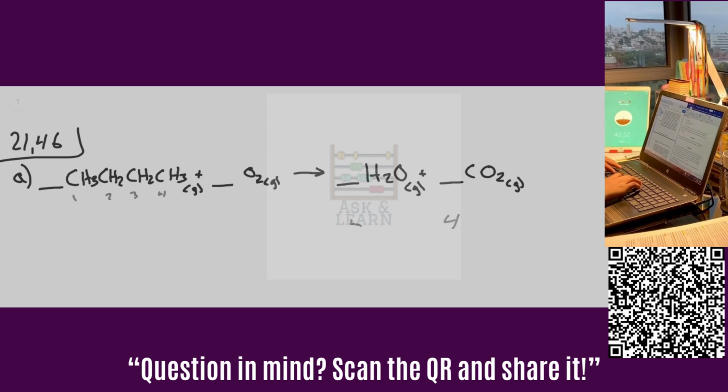Then we need to calculate the water based on the amount of hydrogens in the hydrocarbon. We have 3 plus 2 plus 2 plus 3, which is 10 hydrogen atoms, so we could write a coefficient of 5 for water. Then on the right side the total number of oxygen is 8 from carbon dioxide, 2 times 4, and 5 from water, which gives us a total of 13, which means we would have a coefficient of 6.5 or 13 over 2.